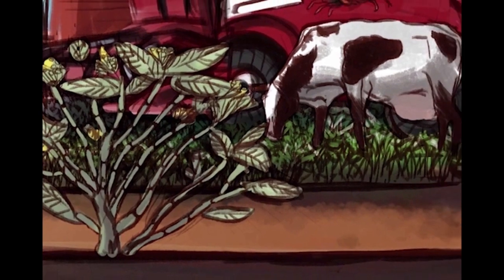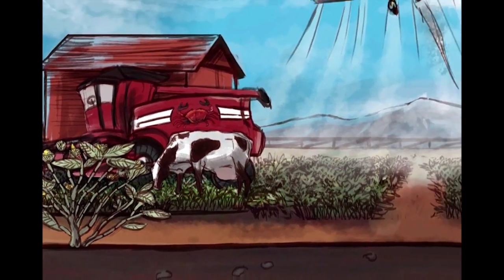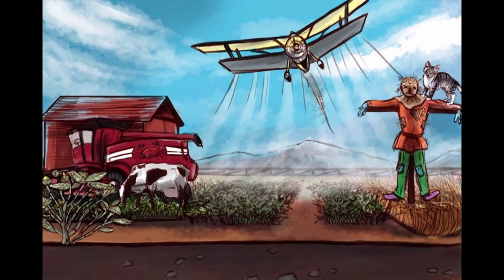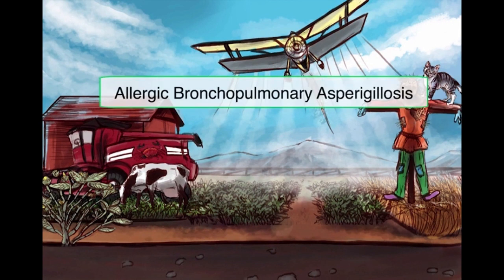Alright, now we're getting to the meat of it, the clinical symptoms. When we discuss Aspergillus, you should remember that there are 3 types of infections it can cause. Each type is going to be illustrated by one of our farm workers. The first infection is called allergic bronchopulmonary aspergillosis, or more conveniently, ABPA, which we'll write up on the crop duster here.